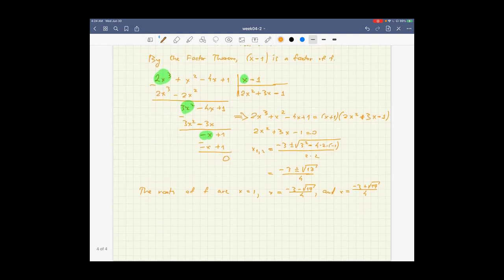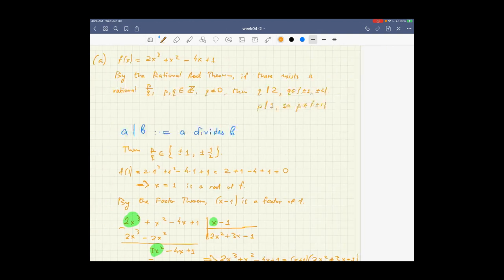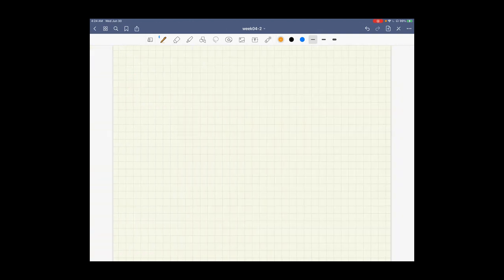And in part B of this problem, we have the polynomial 8x to the 4th plus 26x cubed plus 39x squared plus 26x plus 6.